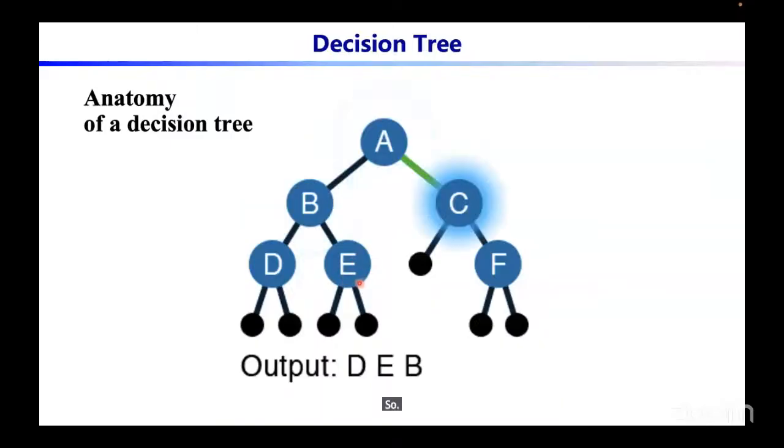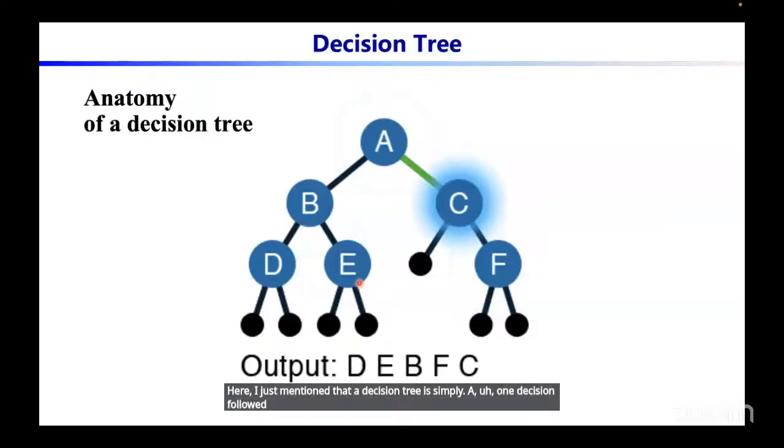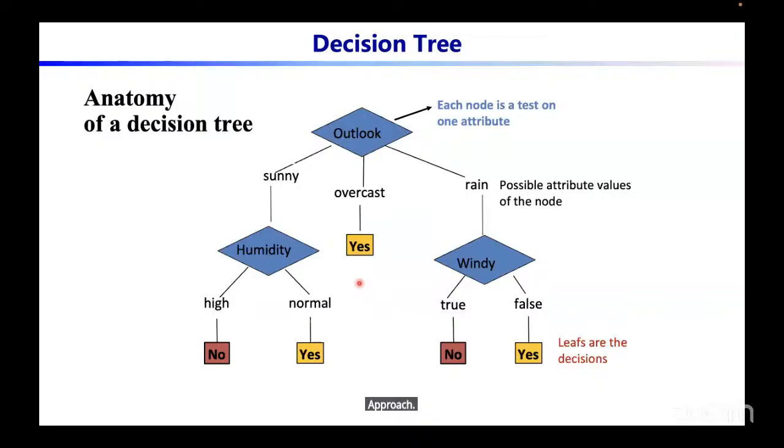We are going to look at a specific example later on, but here I just mention that a decision tree is simply one decision followed by another, a branch-out type of approach. Now we look at a specific example of how a decision tree method looks like.